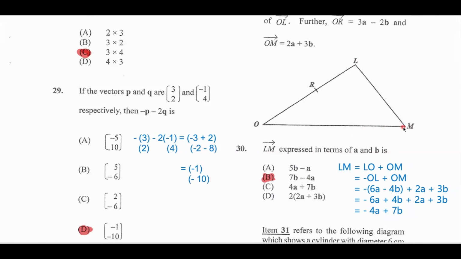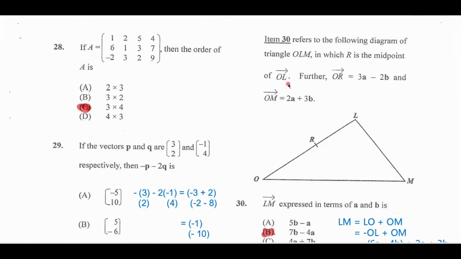LO add OM. And LO comes like the opposite of OL, which in vectors we show as a minus. Right? When I say opposite, I mean in direction. So LO will come like minus OL add OM, which will be the negative of what OL is.